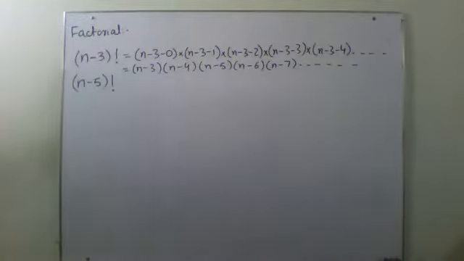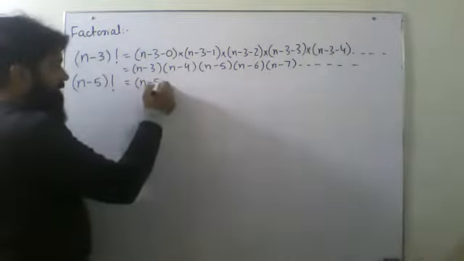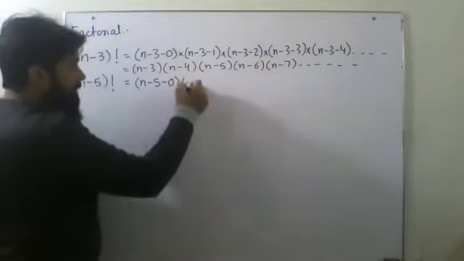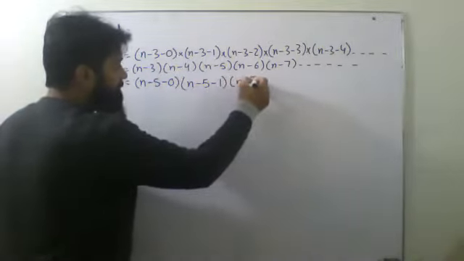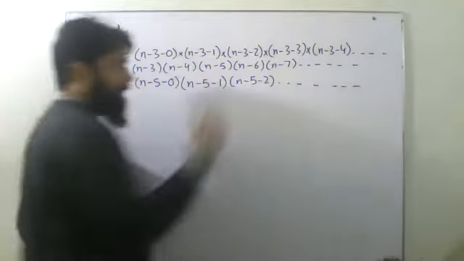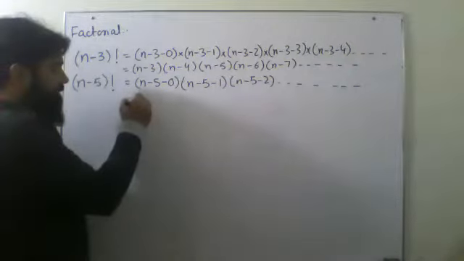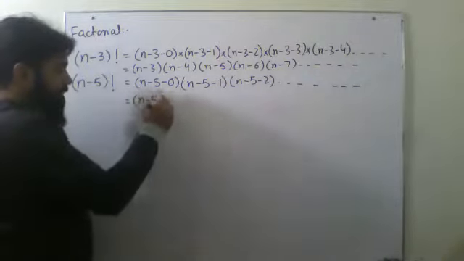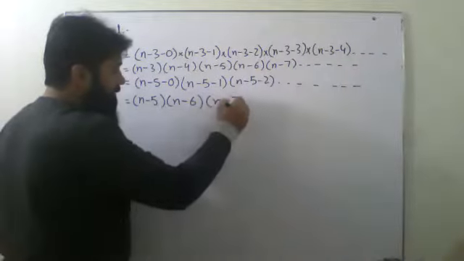Now, starting with this one: n minus 5 minus 0, n minus 5 minus 1, n minus 5 minus 2, and continue. When I simplify it, n minus 5, n minus 6, n minus 7.